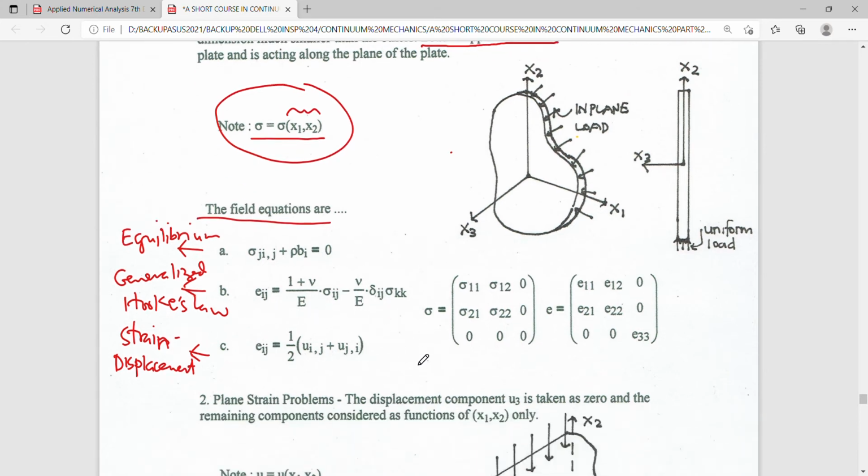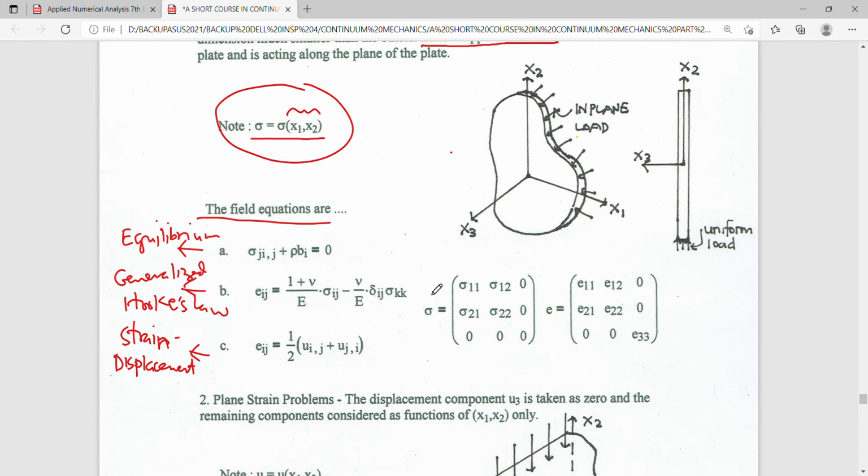And this field equations is a tensorial equation. It is not a scalar or a zero rank equation. Rather, it is actually a second order tensor in that regard if you are considering it in 2 or 3 dimensions.